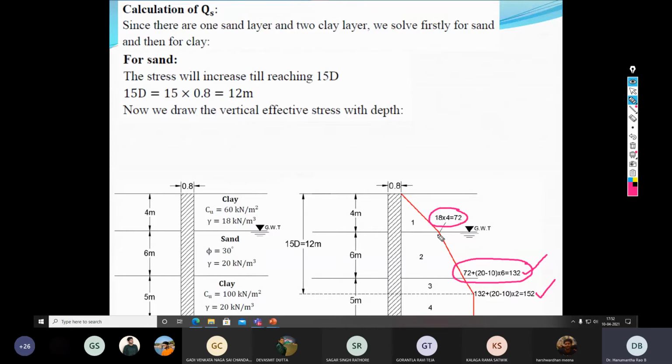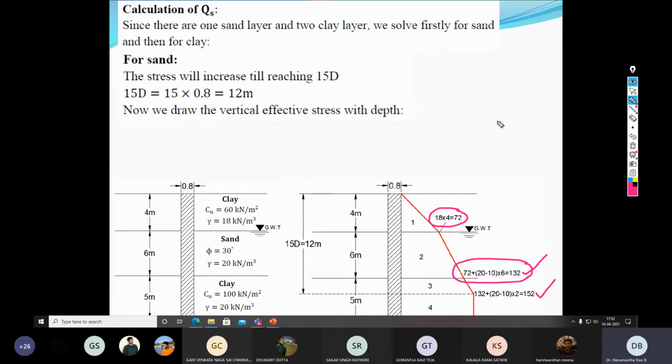We can consider only the top of the sand layer and the bottom of the sand layer. The pressure at the top of the sand layer is 72 kilonewton per square meter, and the pressure at the bottom of the sand layer is 132 kilonewton per square meter. Okay.